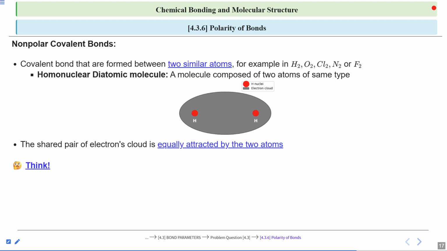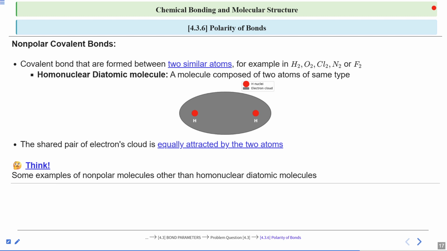Now here is a question for you. Can you think of some examples which are non-polar and are not homonuclear diatomic molecules? We have already seen one example. I have dictated it. Your molecule should be non-polar and it should not be homonuclear diatomic, meaning both atoms should not be of the same species. No, NH3 will not be the one.